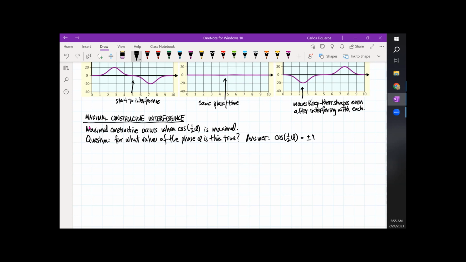The only place that could be true here is if cosine is equal to multiples of even pi's. So in other words, phi can either be 0, plus or minus 2 pi, plus or minus 4 pi. And we could see here that this has to be even multiples of pi, including 0.